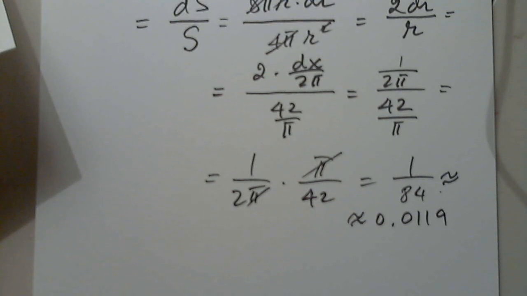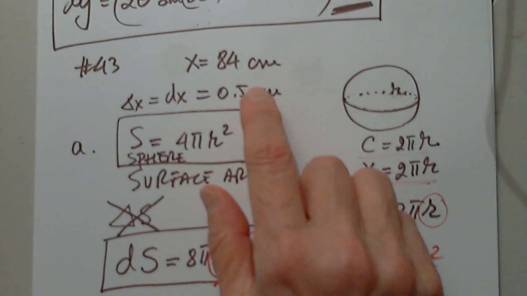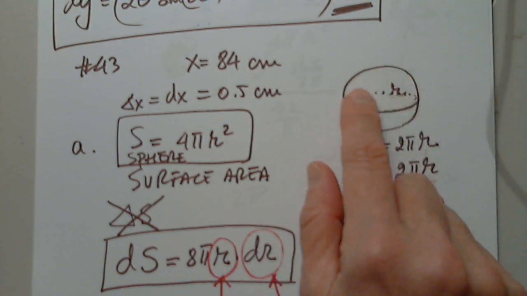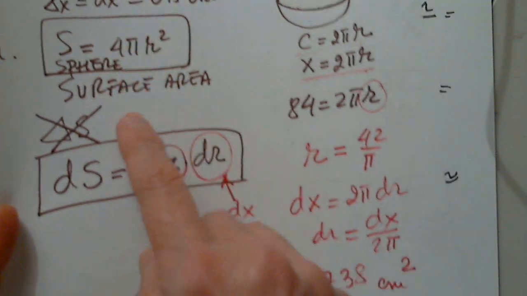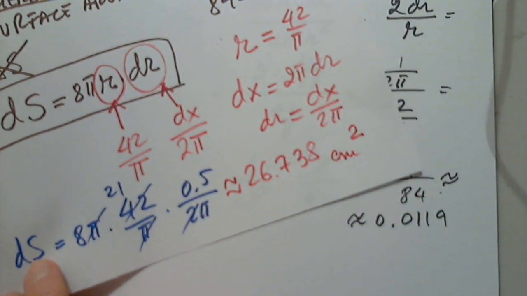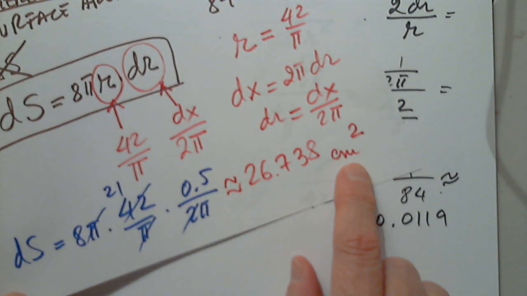So what have we learned from this problem? Again, if there is a minor error in the circumference of the sphere, that will trigger an error. This is the approximate, not the exact. An approximate error of 26.738 centimeters squared.